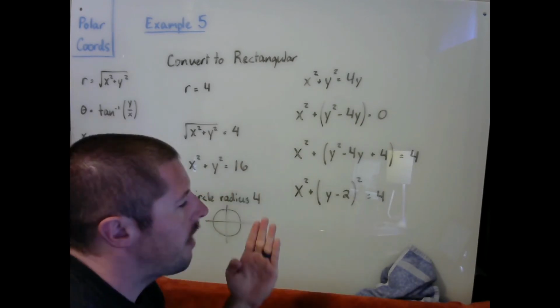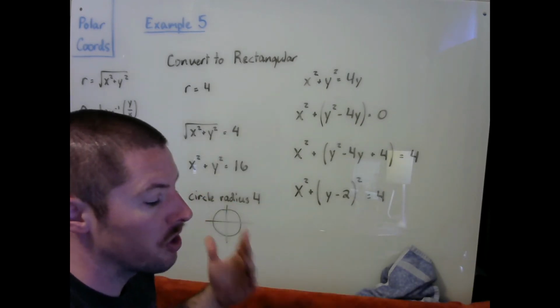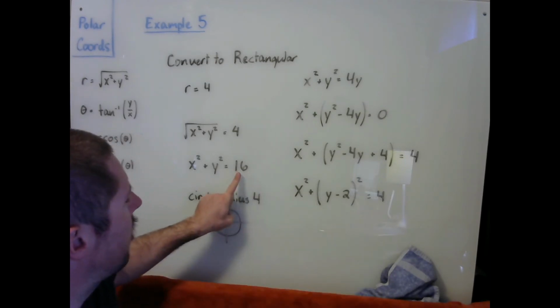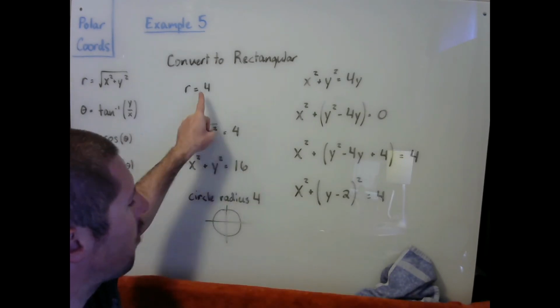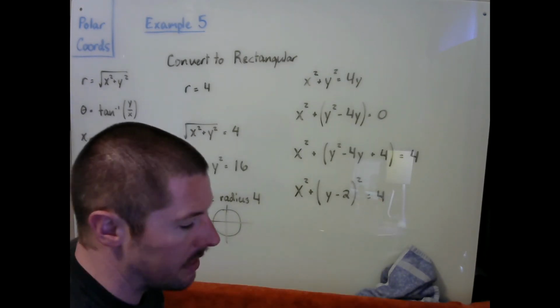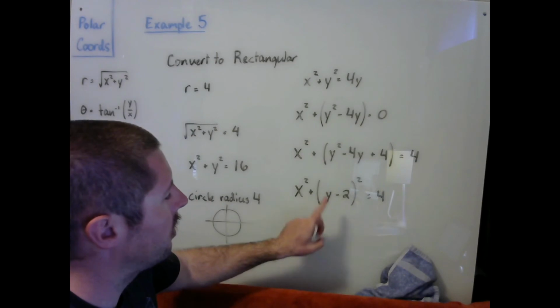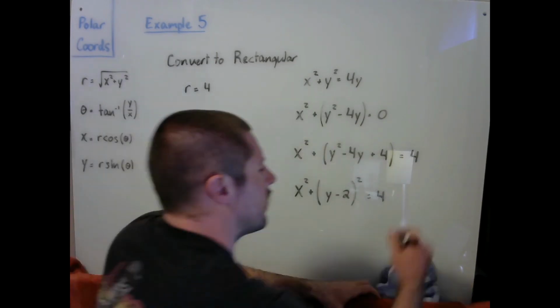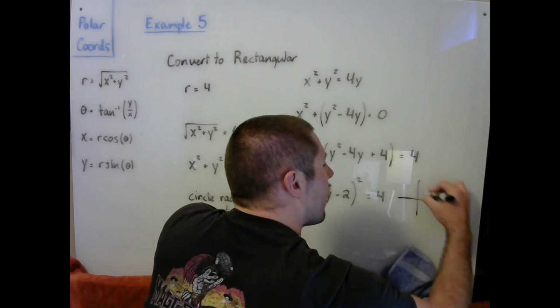That's going to move our graph up 2. We need 2 additional y units to get back to the same place that we were. And just like the square root of 16 gave us our radius of 4, the square root of 4 should give us a radius of 2. So I think that what we're looking at here is a circle that has a radius of 2 that's been shifted up 2 units.